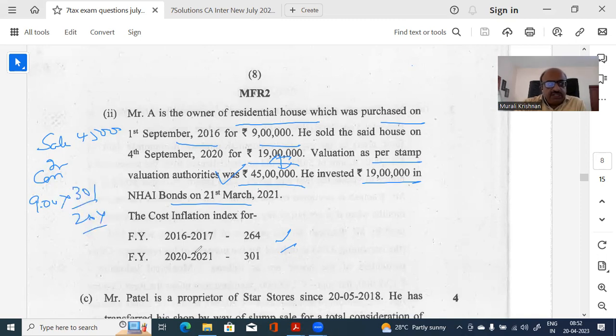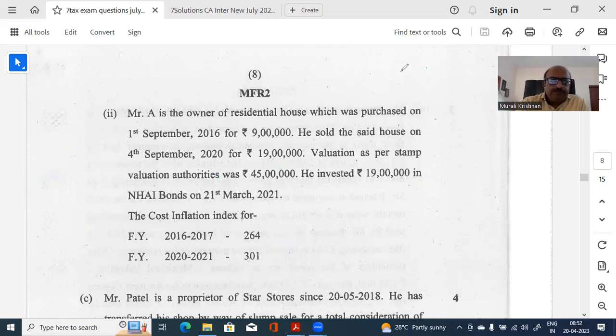Whether the indexation is correct, you don't have to worry. If the year matches, you can go with whatever they have given. Whatever indexation rates they have given, you can take that. Normally, they give it in the exam. You don't have to memorize it. So let us look at the solution, how it is done.